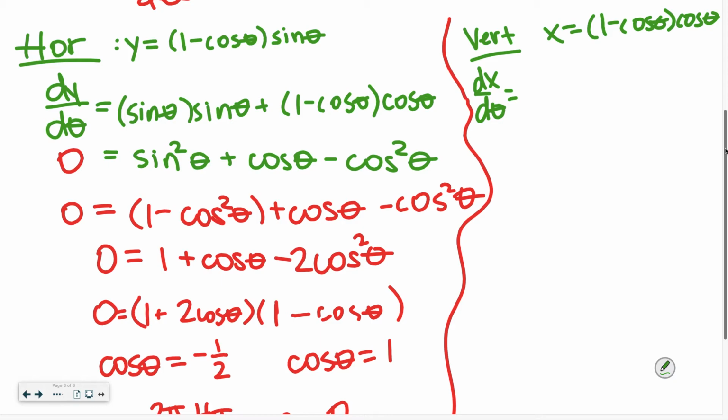So now we need to take the derivative of x in order to figure out where we have vertical. Are you okay if I make that... you want to multiply first and then take the derivative? Okay, if we multiply first, we have cosine minus cosine squared.